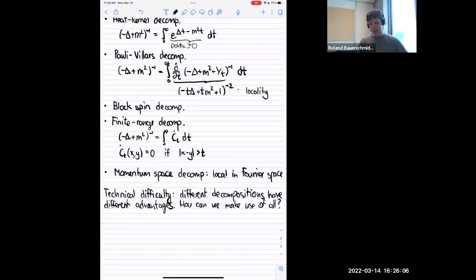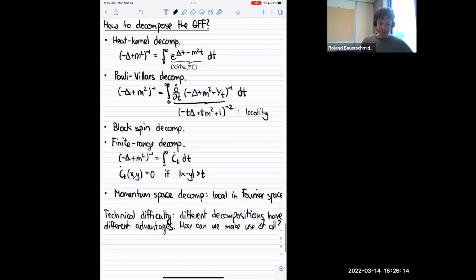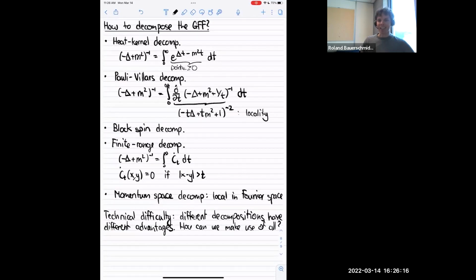In fact, there is a toy model you can define by just requiring that all five good properties hold simultaneously, and that model is called the hierarchical model.